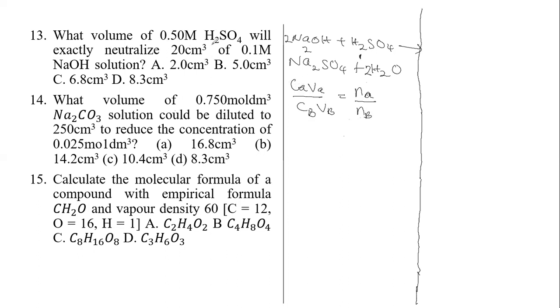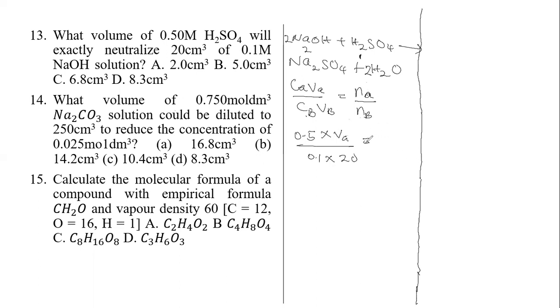The concentration of H2SO4 is 0.5, times VA, which is the unknown, because the question asks what volume of H2SO4. Then CB is 0.1, and VB is 20.